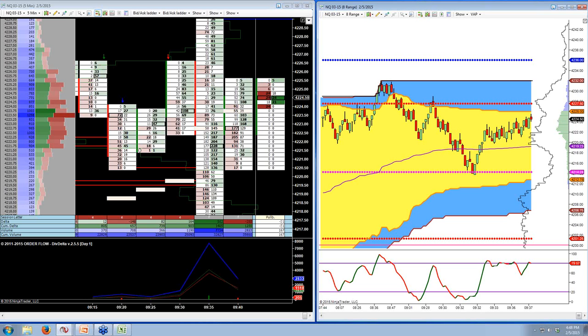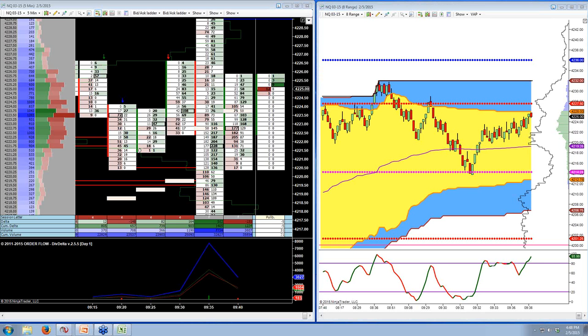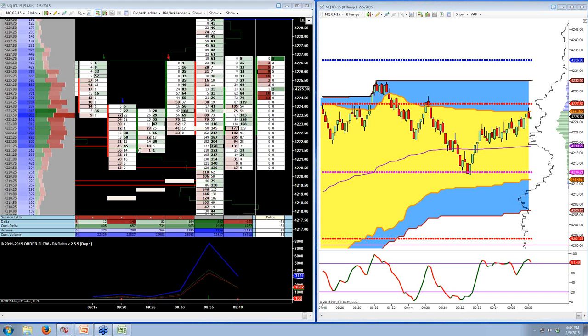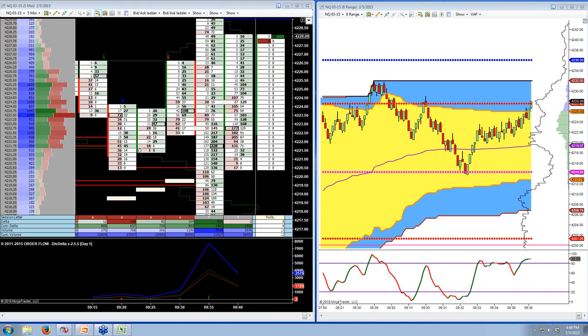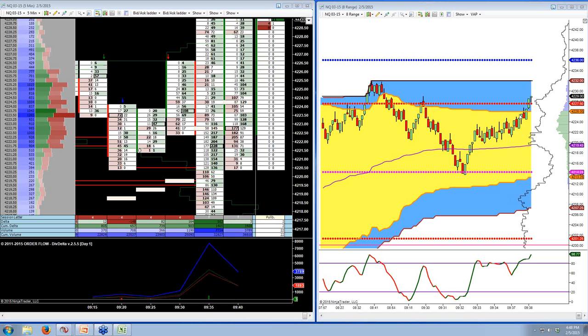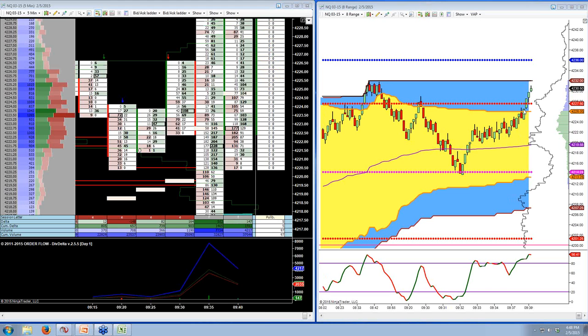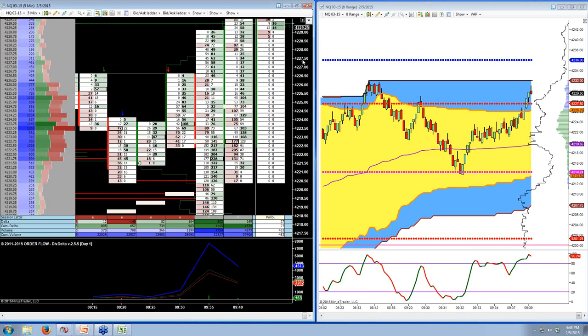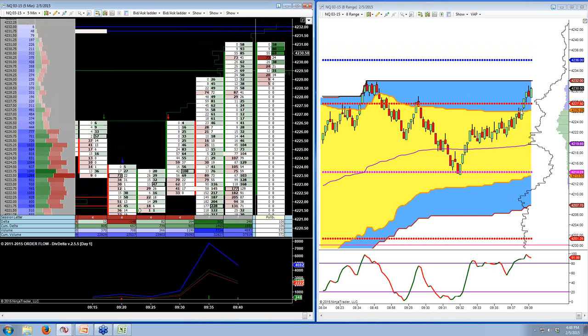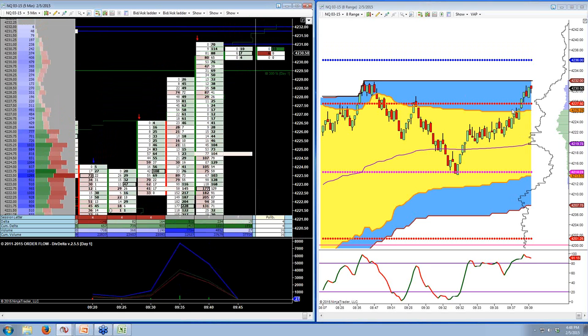Let me just speed the chart replay up a little bit. So then we can see it happening here. So here we've got this area of our high value area, and we've got positive delta, and I know I might have replayed that a little bit fast, but you can go ahead and buy that.